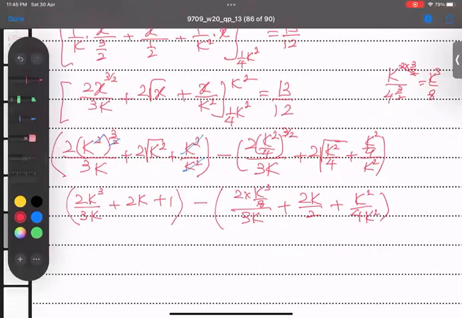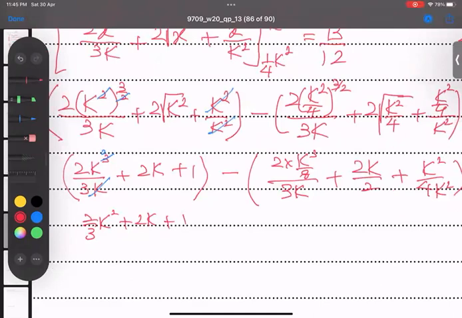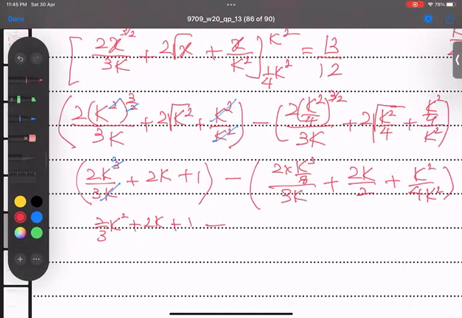And let's see the next step. Here we have k and k will cancel out. One minute, please. K cancels the k square, 2 left. So I get 2 by 3k to the power 2 plus 2k plus 1. This is done. Negative, here we have 2 terms together.